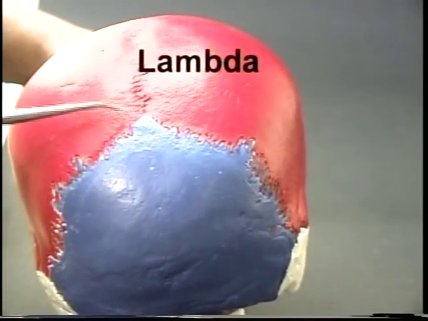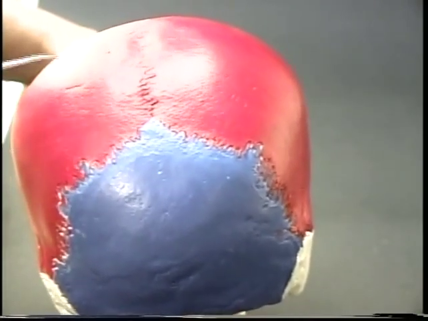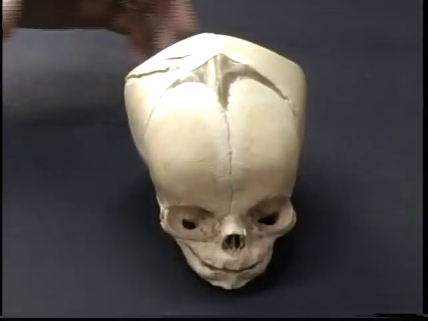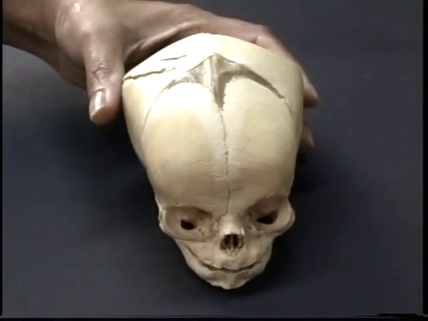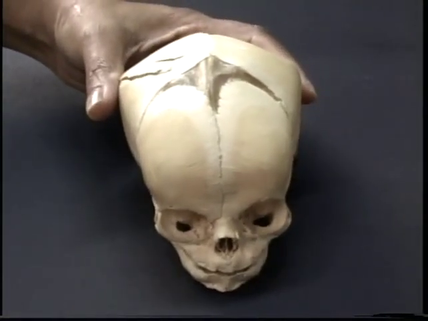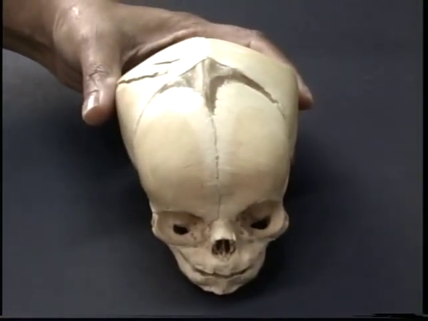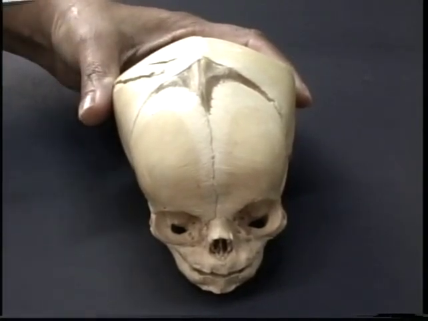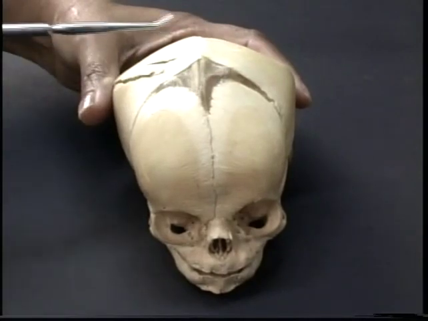Let's look at a baby skull, because these create soft areas. Let me demonstrate on this baby skull the two fontanelles, the anterior fontanelle and the posterior fontanelle. These are the soft spots.